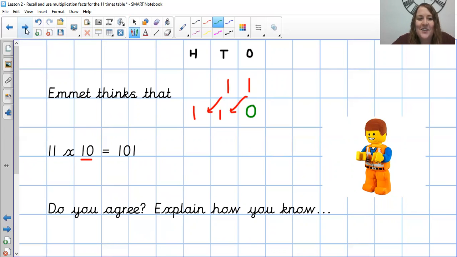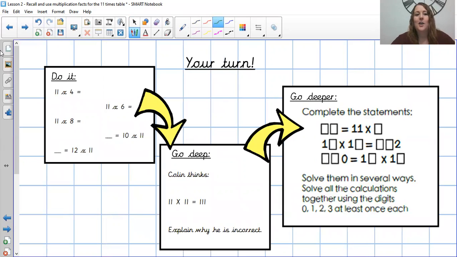Okay, your tasks today then. You have 5 do it questions, just like we've had a go at a few pages ago, which I know you'll be brilliant at. You then have a Colin problem. He thinks that 11 times 11 is 111, and you need to explain why he is incorrect. And then you have a go deeper activity. Please complete the statements.